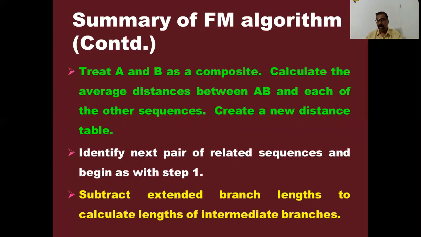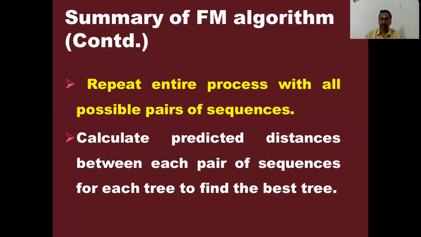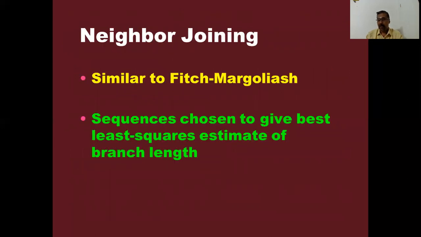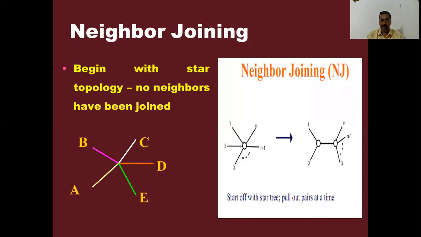Nowadays, people are using Fitch-Margoliash, or even we have shifted to the neighbor joining method, an improvised version of the Fitch-Margoliash algorithm. Neighbor joining is similar to Fitch-Margoliash, right? Only thing is sequences will be chosen based upon least square estimates, and here a star-like topology will be assumed, and then based upon the similarity, the species will be merged one after another.